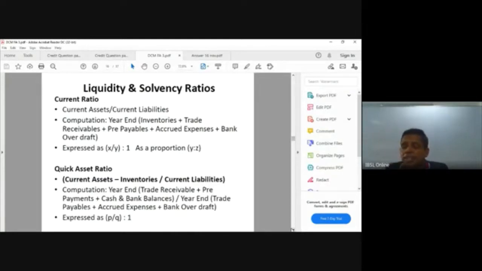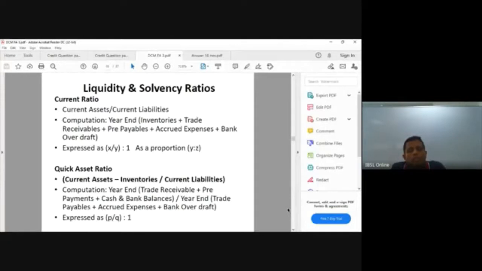That's why we say fixed assets or non-current assets are poor in liquidity, right? Their liquidity level is very low. Land, building, vehicle, machinery, all the non-current assets have a very low liquidity level, whereas current assets have higher liquidity.